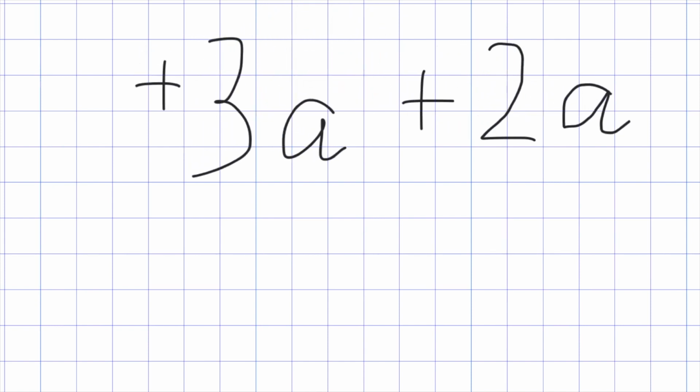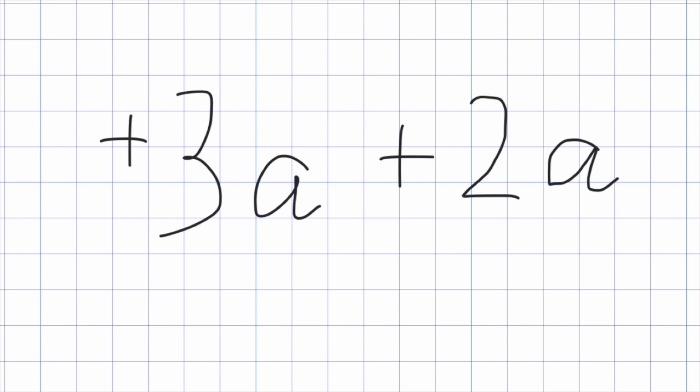Now we're going to build on this further, and when we start to put multiple terms together and they start to look like this, as you can see there, positive 3a plus 2a, we've got our first term here, 1, 2, 3 symbols, and our second term here, 1, 2, 3 symbols. Adding them together or writing them together like this, we refer to this as an expression.